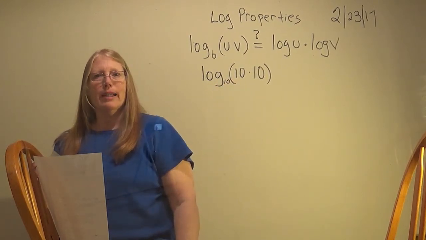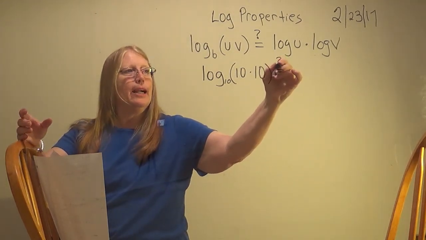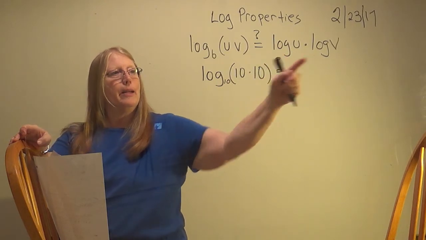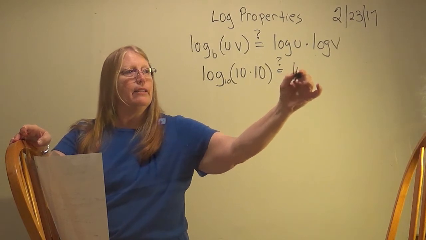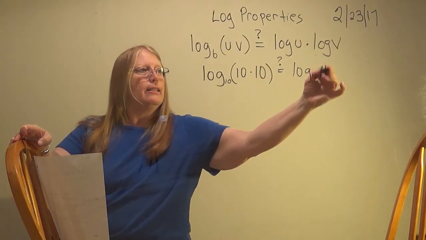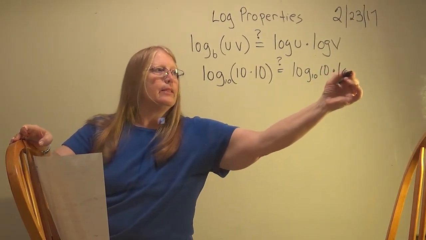We'll come back, because that's one we know. So I'm going to apply this perhaps principle. I'm asking, is it possible that this expression is the same as taking the log to the base 10 of this times the log to the base 10 of that?